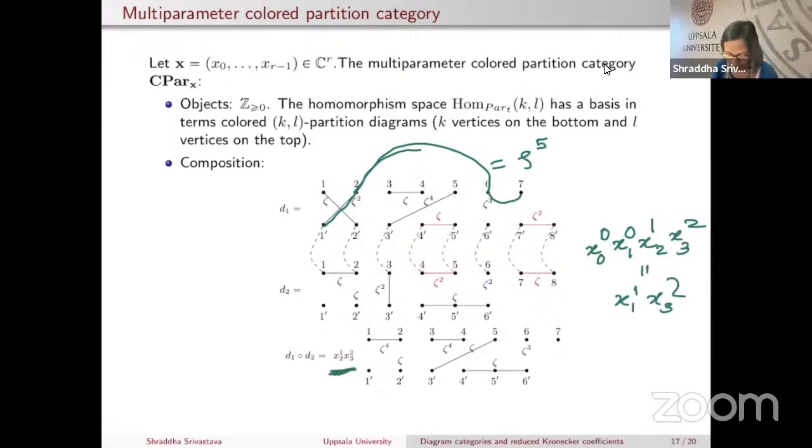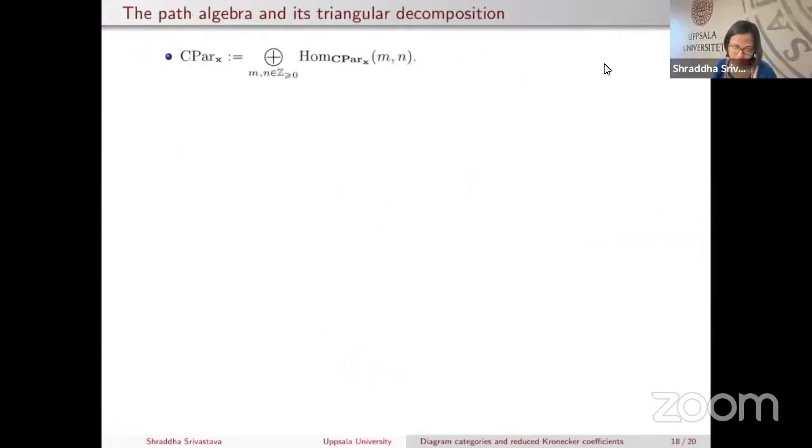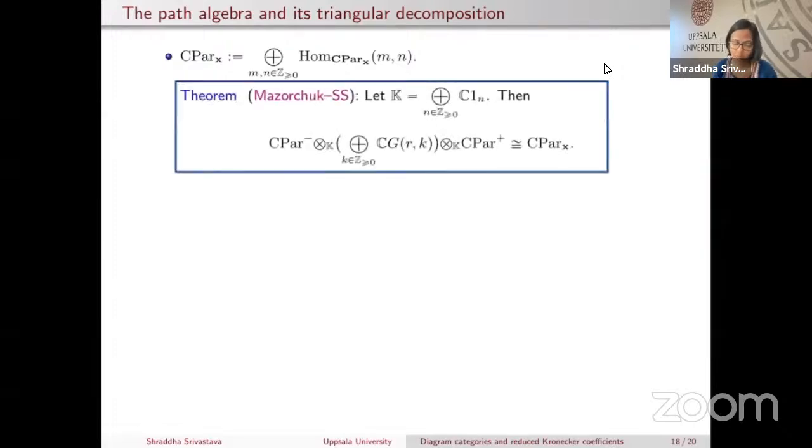Okay, so we looked at the path algebra of the multi-parameter color partition category, and like in the case of the partition category, this also has a triangular decomposition. This is joint work with Mazorchuk, where now the role of the Cartan subalgebra, which in the case of the partition category was played by symmetric group algebras, is played by the complex reflection group.